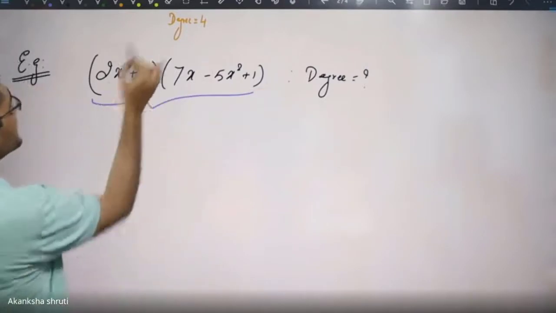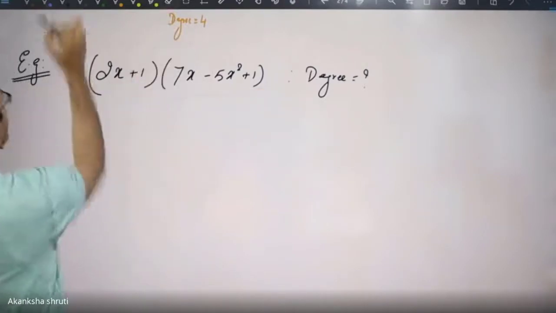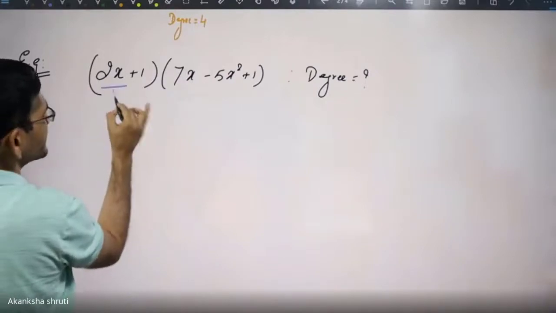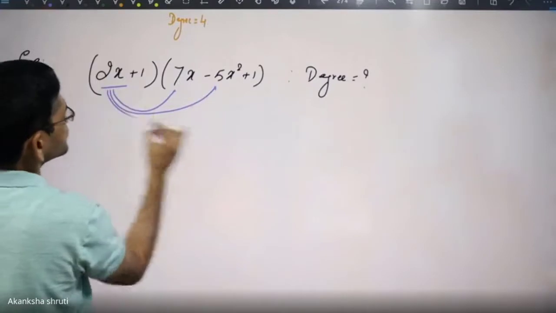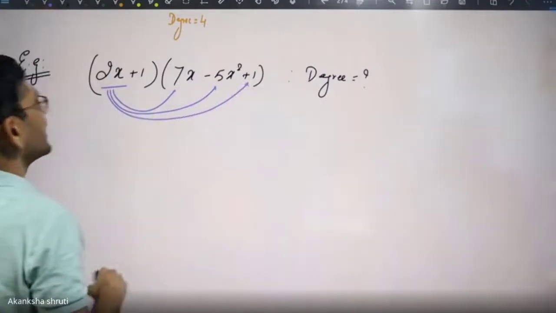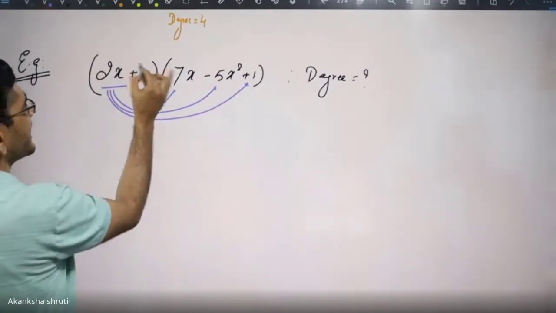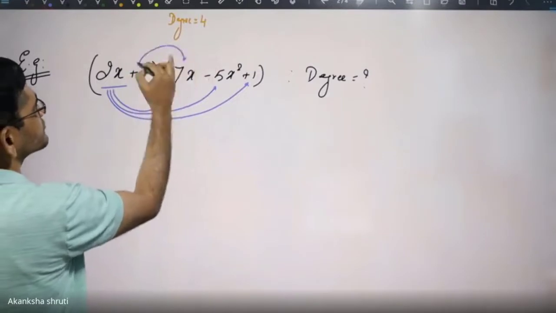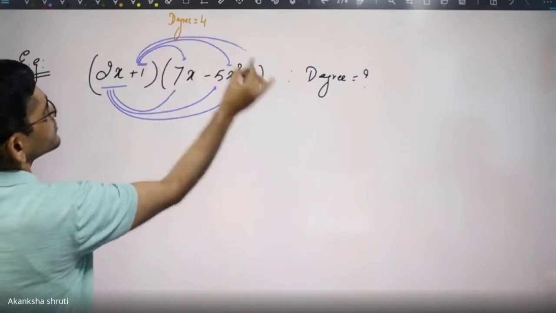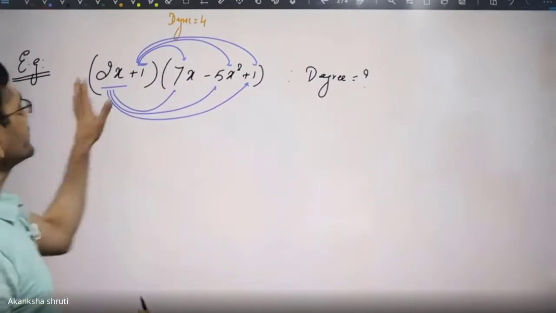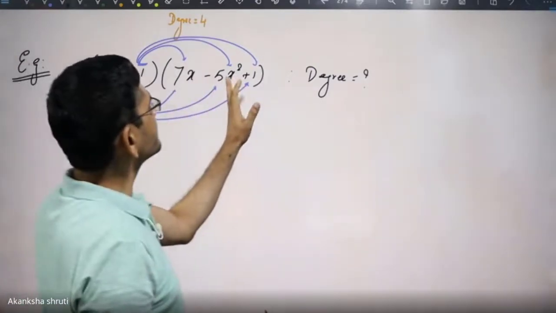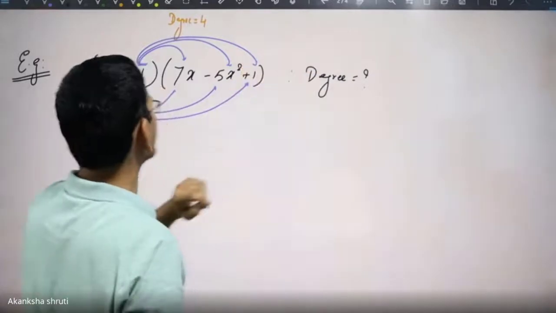The multiplication rule tells us that the first term will multiply with the entire bracket, this one, this one and this one. And the second term will also multiply with this one, this one and this one. But we have to think about which multiplication will give the highest power of x.